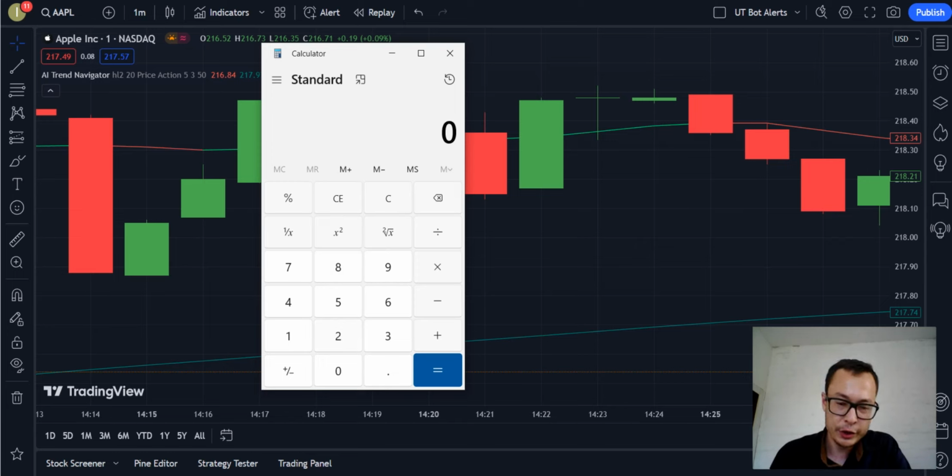So as mentioned earlier, the formula to determine the price difference is final price minus initial price divided by the initial price times 100.